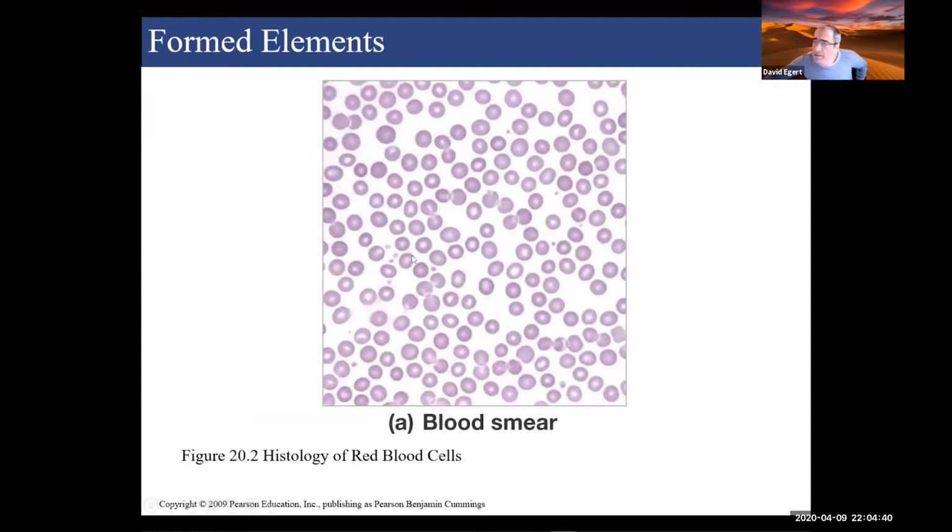Red blood cells just look like little red circles. They tend to look lighter in the middle because when they eject their nuclei, they kind of suck in. So they look kind of flat with the middle sucked in.